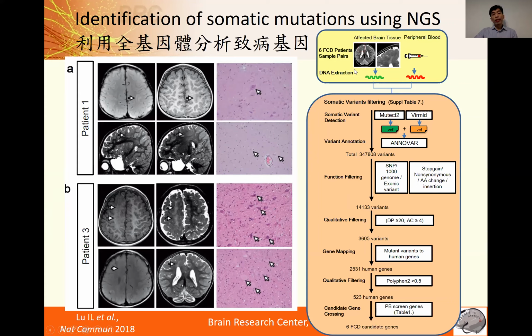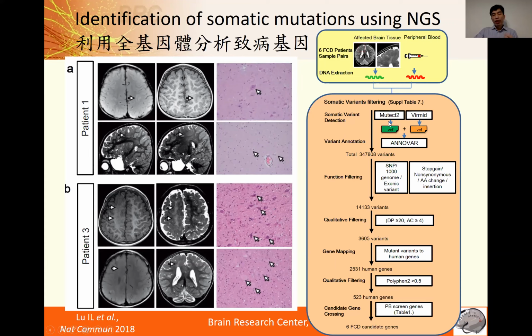We can also take the fresh brain tissue, extract the DNA and compare the potential mutations in this piece of tissue with their peripheral blood. We run it through a pipeline of next generation sequencing so that we can read the genome hundreds of times.